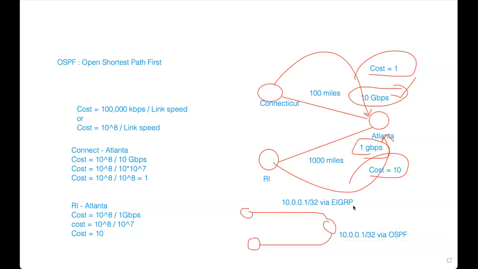Which one is preferred, guys? Via EIGRP. Yep, because the EIGRP AD value is 90. 90 is preferred over OSPF 110. So when we have two equal routes, the router will select the best path, whichever has the lower AD value.